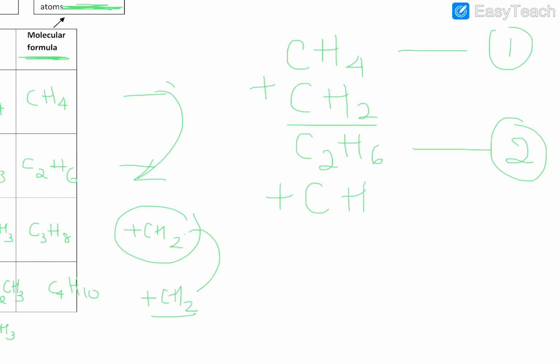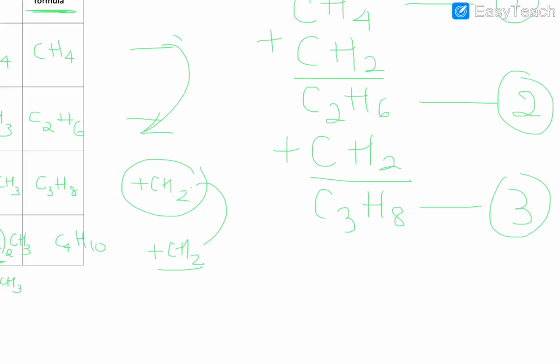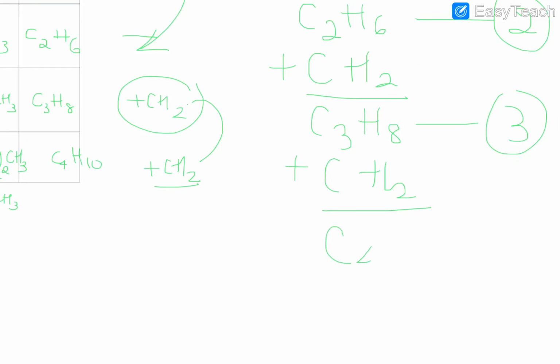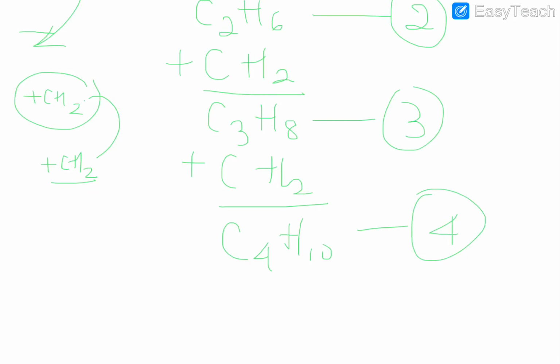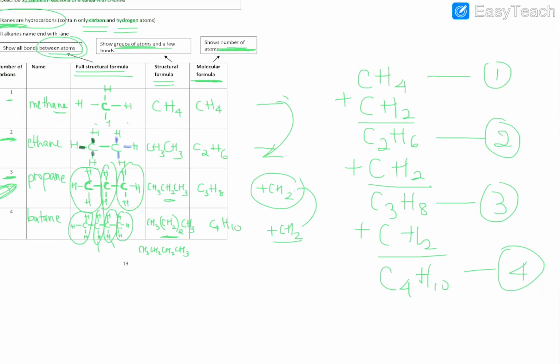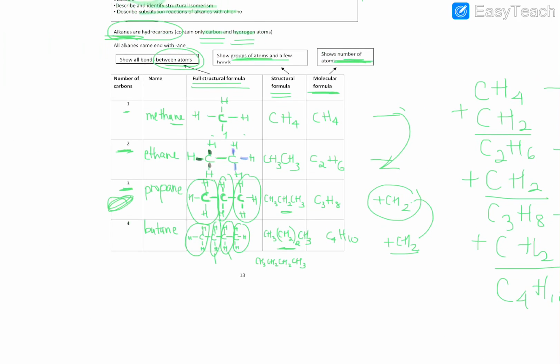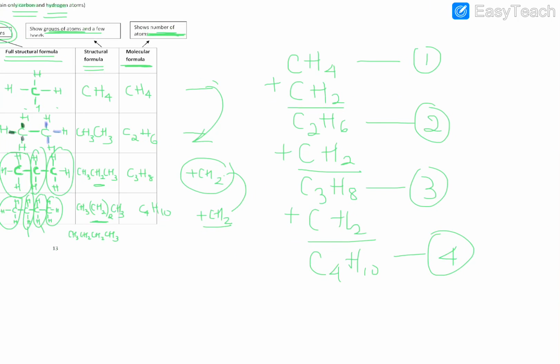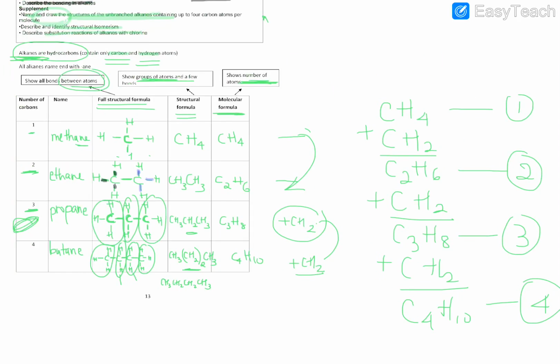Let's add CH2, C3H8. You see, that's the third member. You add CH2, C4H10. You see, that's the fourth member. So remember, we were saying that you add CH2 to successive members. So that's what it is. Okay.